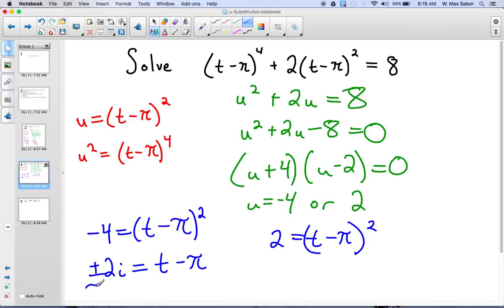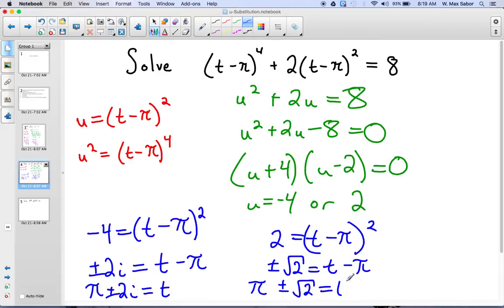Adding pi, pi plus or minus 2i equals t. And then this one, plus or minus the square root of 2 equals t minus pi. Pi plus or minus the square root of 2 equals t. So this method got us our four solutions much easier than having to do something strange with this.